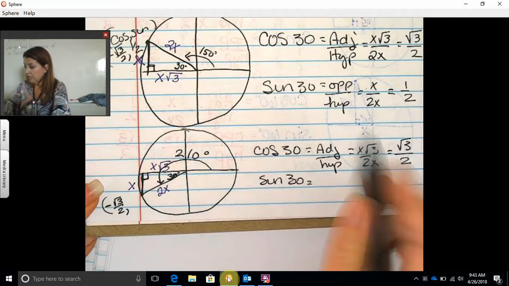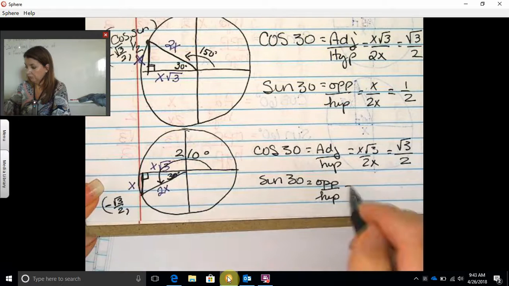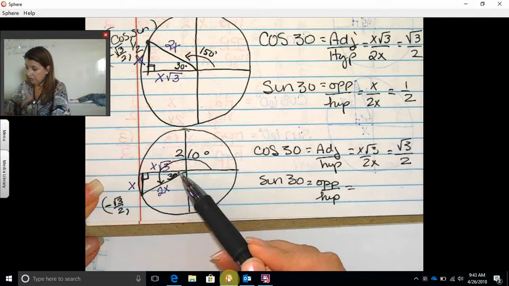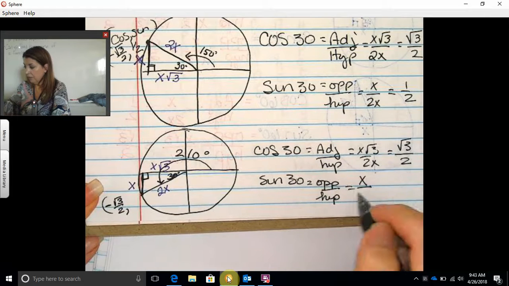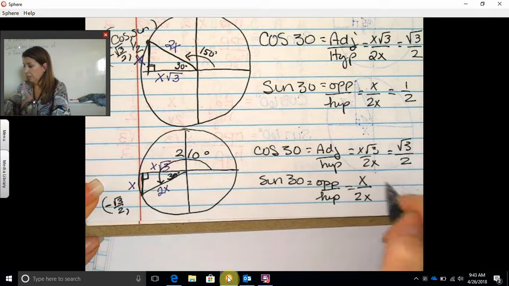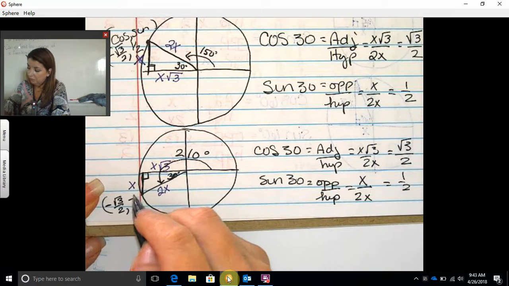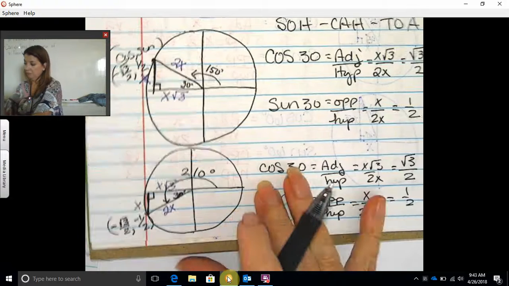Sine of 30 is opposite over hypotenuse. Opposite the 30-degree angle is x, hypotenuse is 2x, that reduces to 1/2. Are the y values in this quadrant positive or negative? Negative. So flip back over.